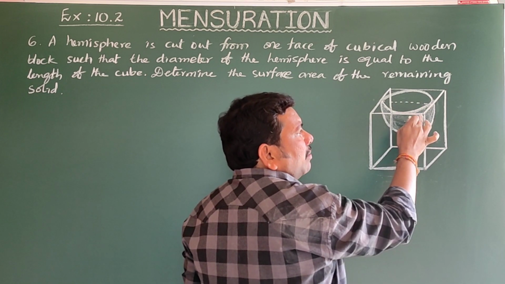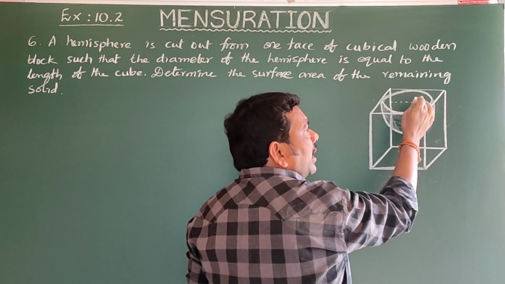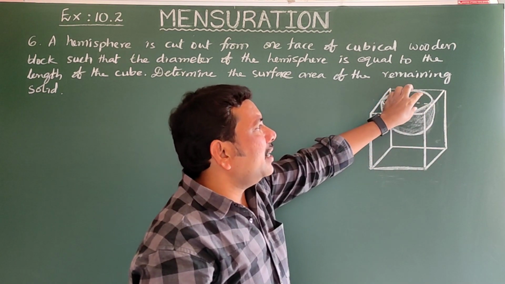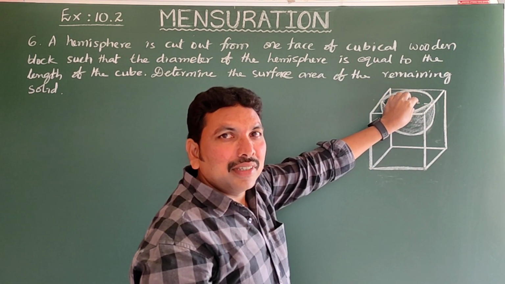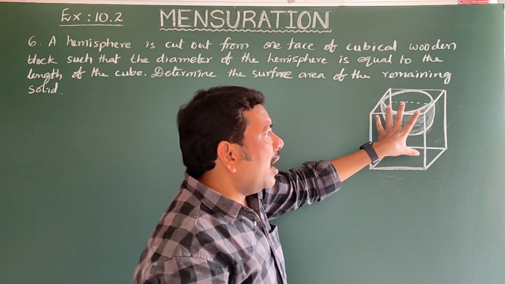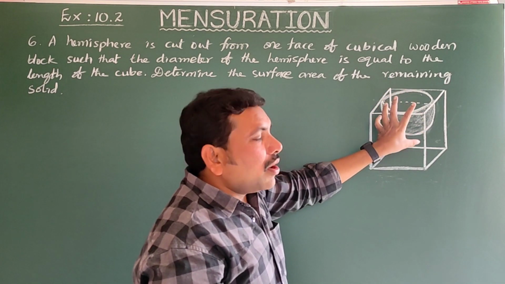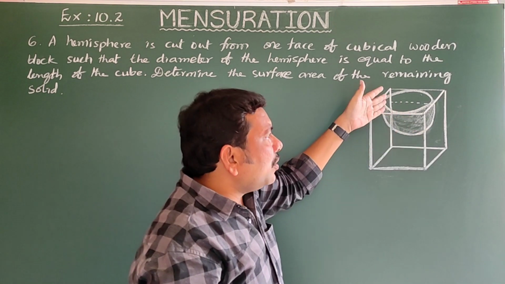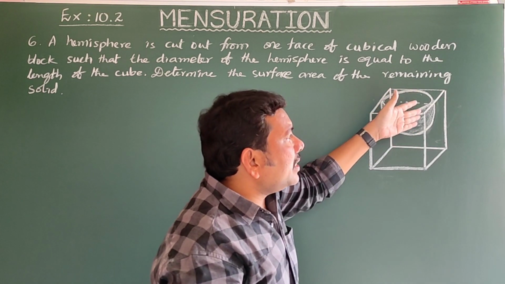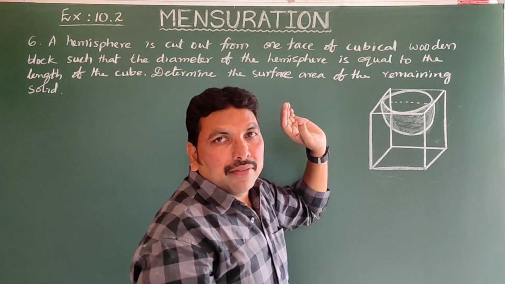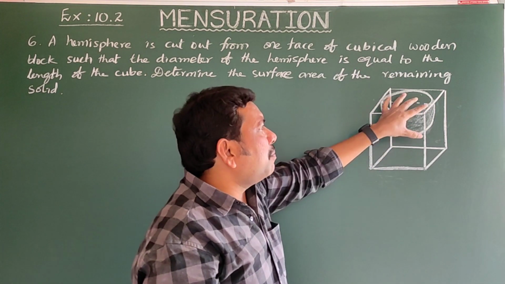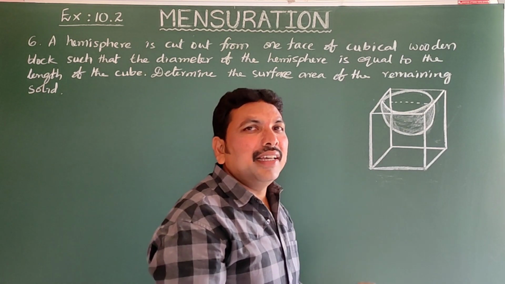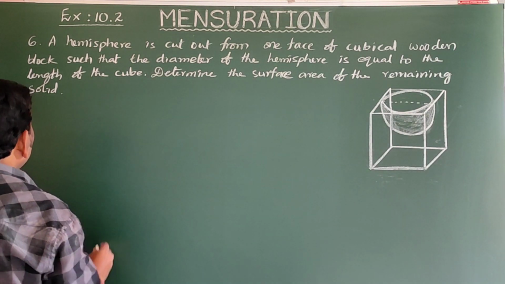Total surface area means that is included, so from that we have to subtract the area of the circle. Understood clearly? So first we find the total surface area of the cube, add the CSA of the hemisphere, and from that subtract the area of the circle. Right? Let us find.